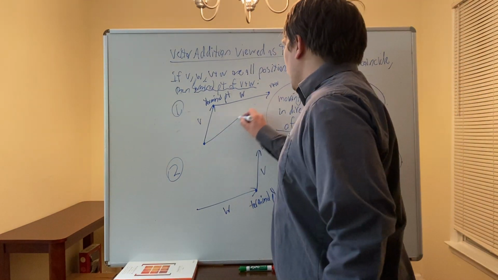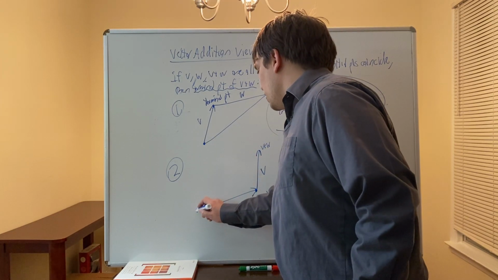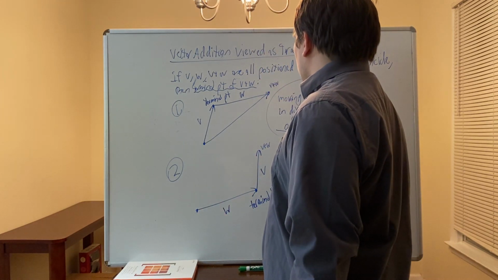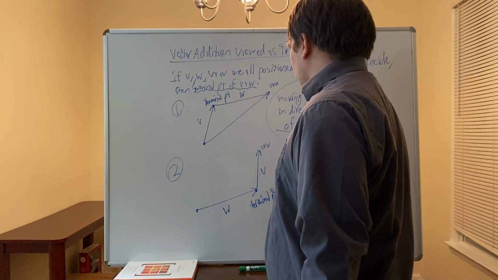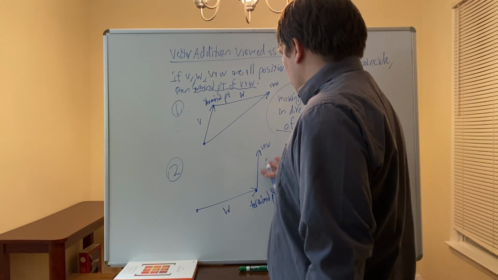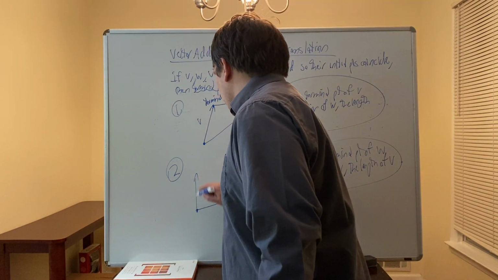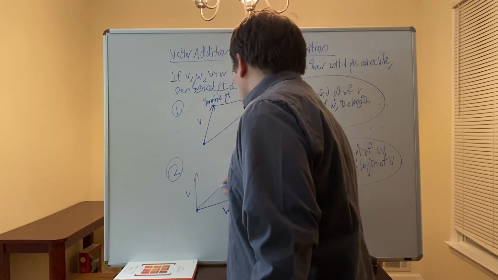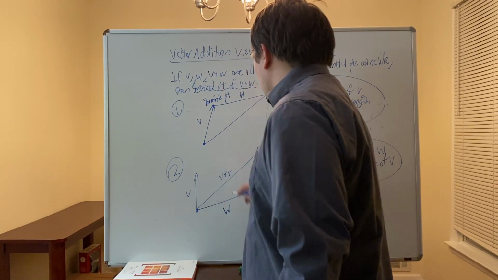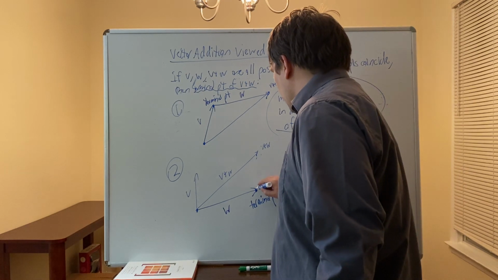This is the initial point of V plus W. Actually, sorry, this is V in the same direction. This is V plus W, and then we're going to move W in the direction.